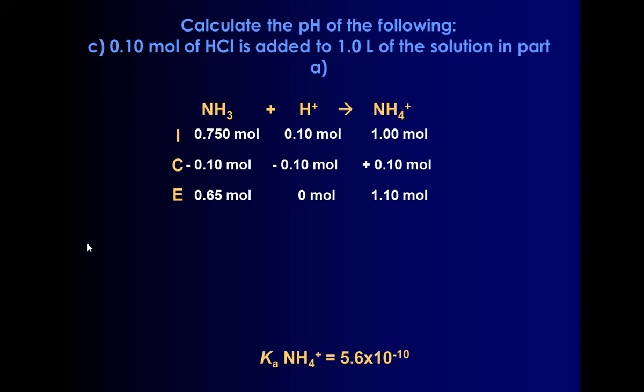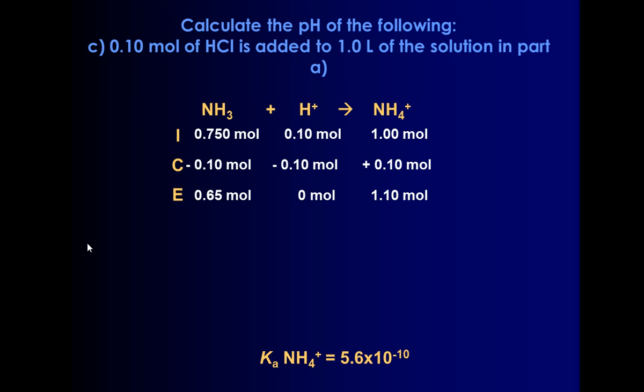So we've used up some of our base this time. We've increased some of our acid. So my guess is you should be able to predict from that initial pH of the 9.12 or 9.13 whether the pH should go down or whether the pH should go up based on the addition of the strong acid.